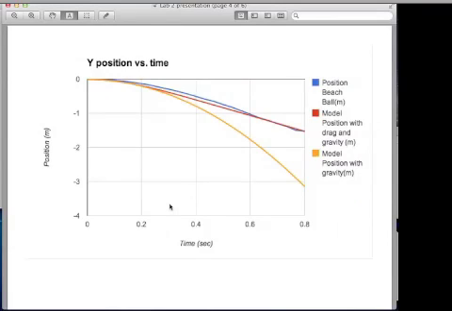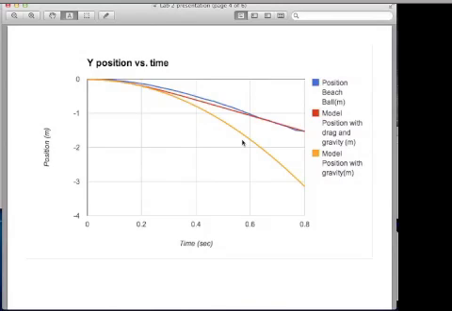I graphed the time in seconds versus the position on the y-axis in meters for the experimental data, which is the blue line, the model with drag and gravity, which is the red line, and the model with just gravity, which is the orange line.